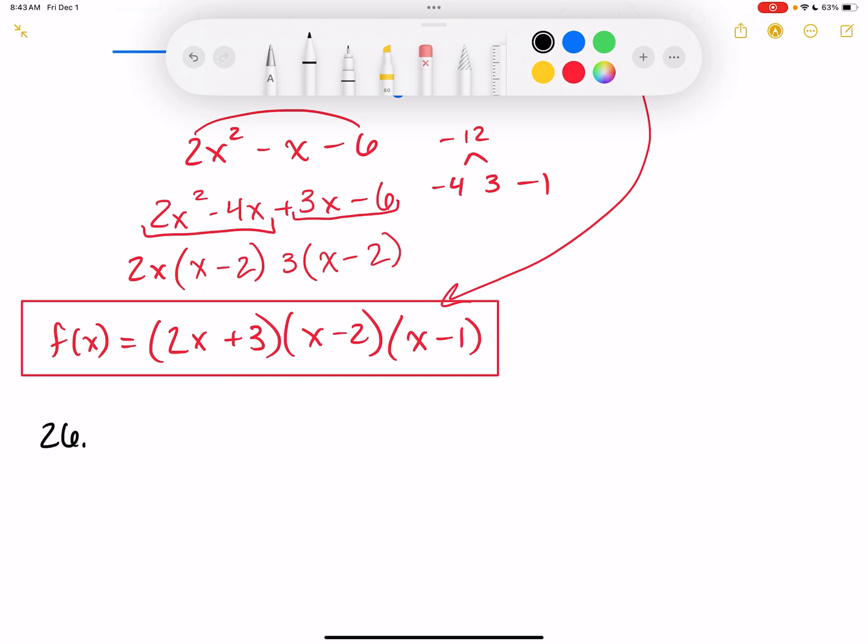So, f of x is equal to 8x cubed plus 50x squared plus 47x minus 15. And the 0 is k equals negative 5.